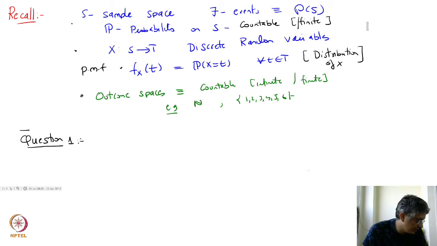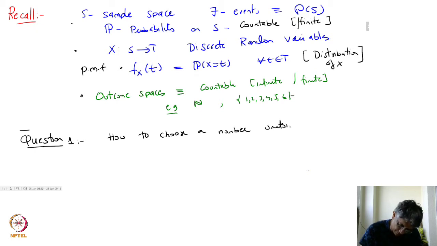What if we want to choose a number in the interval 0, 1? How to choose a number uniformly, whatever that means, or maybe instead of uniformly, let me use the word random.